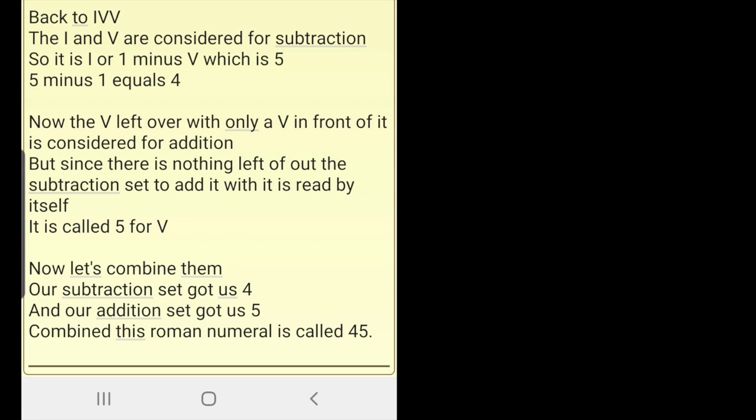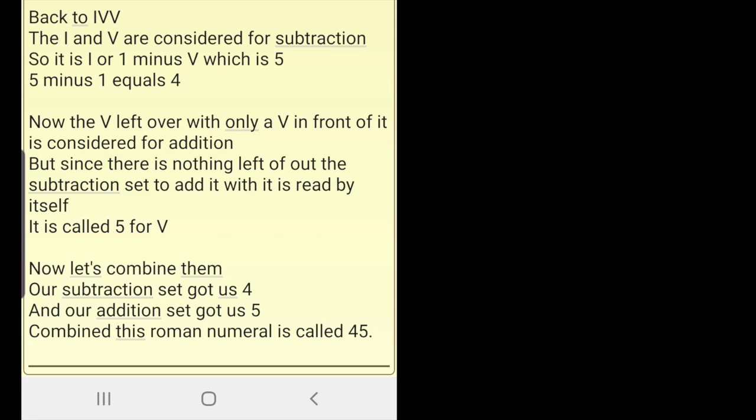And then in the IVV, we have the V at the end, which doesn't have anything to add with it, but we are just going to leave it by itself. So we are just going to convert it. The V is equal to 5.